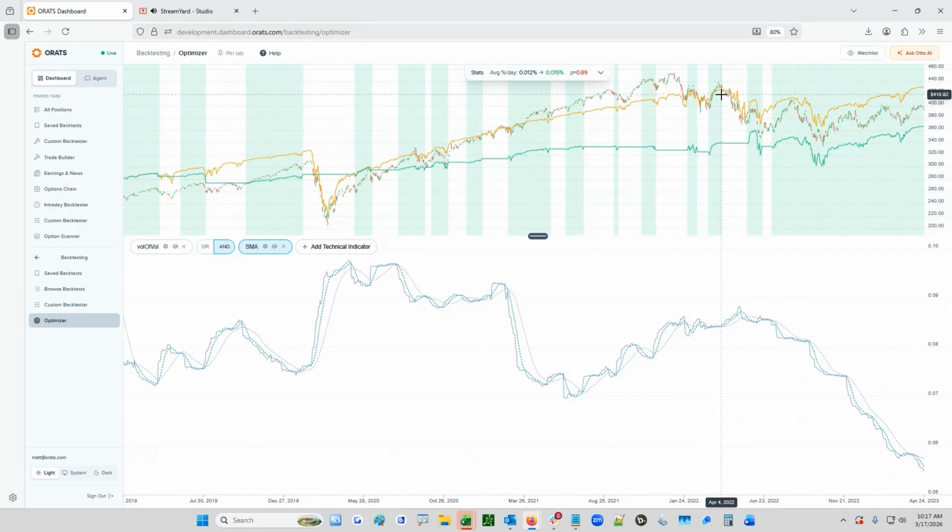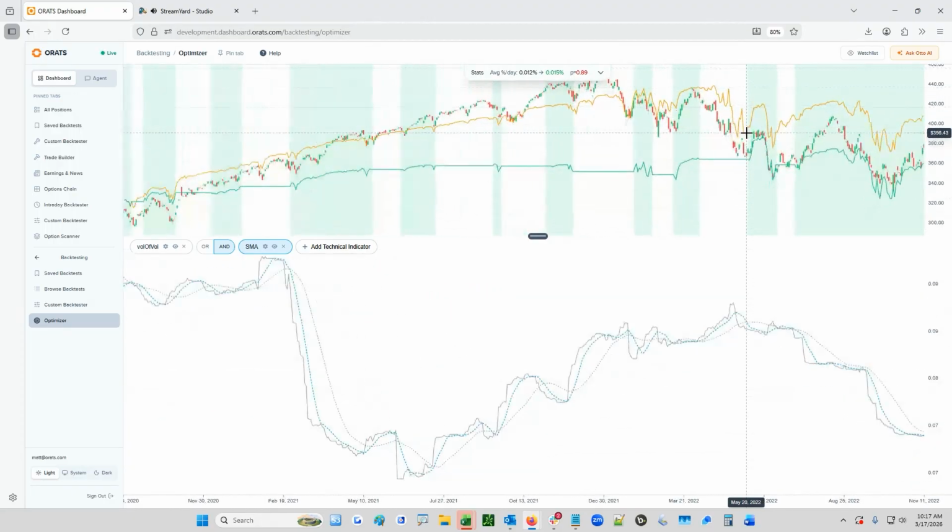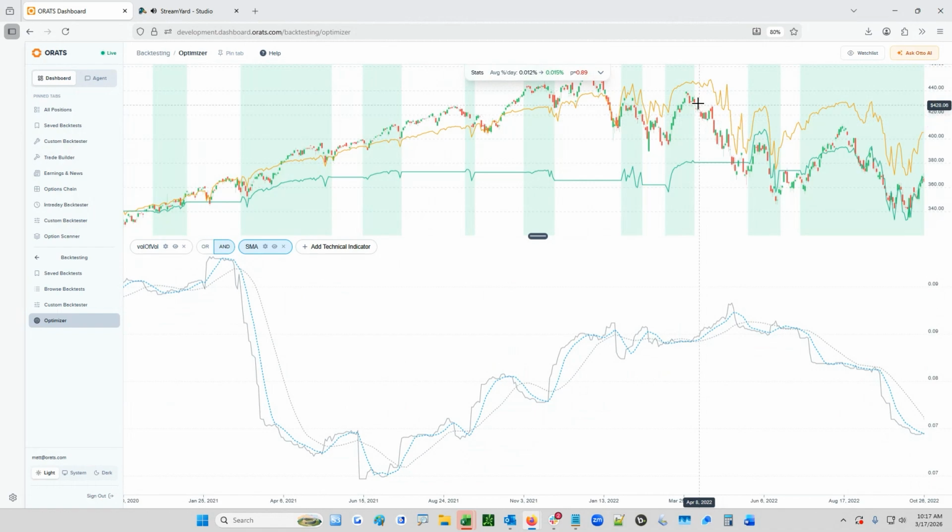So here's the correction in April of 22. It got us out, and got us back in pretty well. I know it looks a little messy, but this is a great exit, right? You exited when it just kind of broke that uptrend here, and then it started coming down.